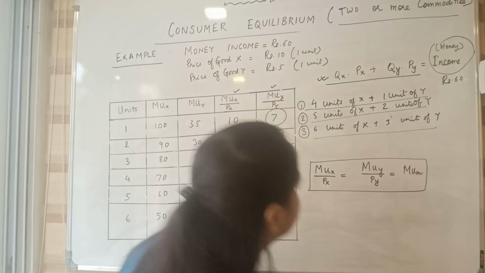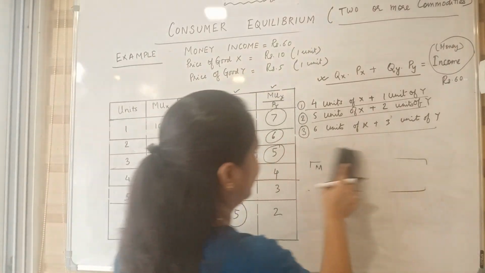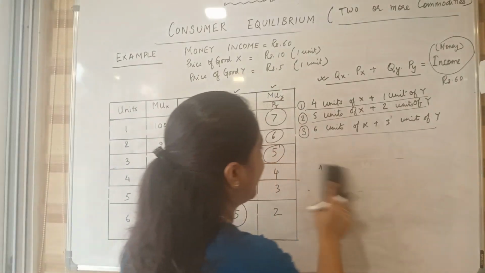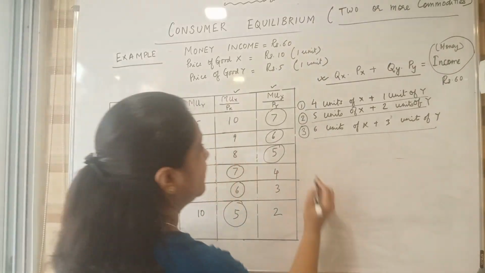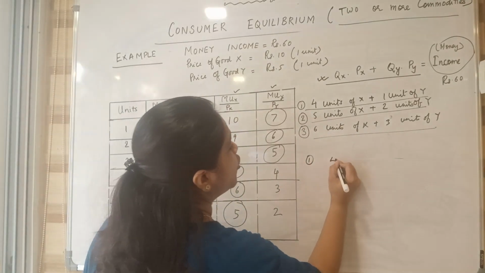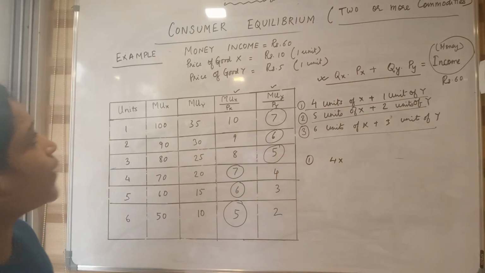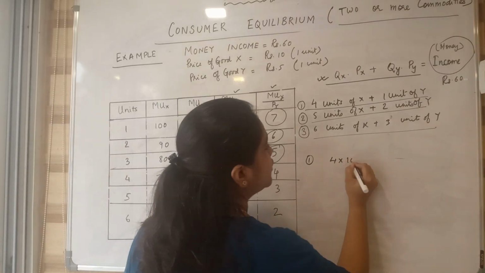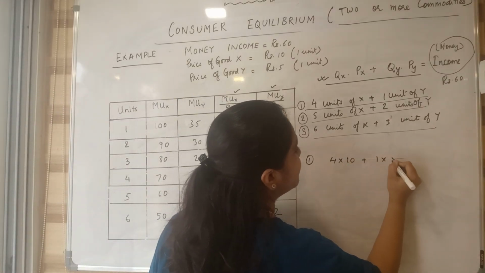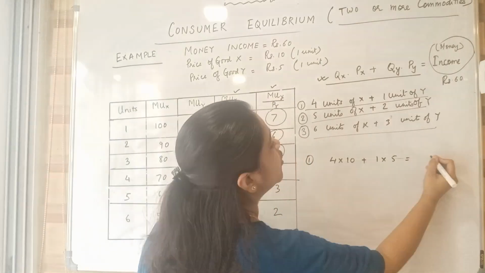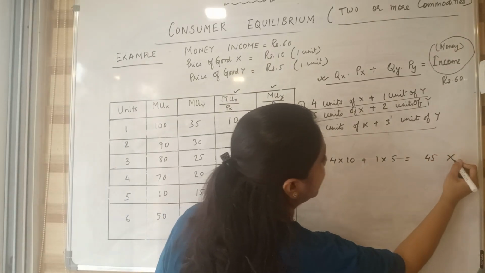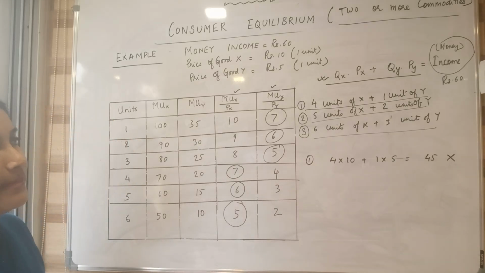Let us check whether it is satisfied at point 1. 4 units of X, that is 4 into 10, plus 1 unit of Y, that is 5, which is equal to 45. So 45 is not our money income.